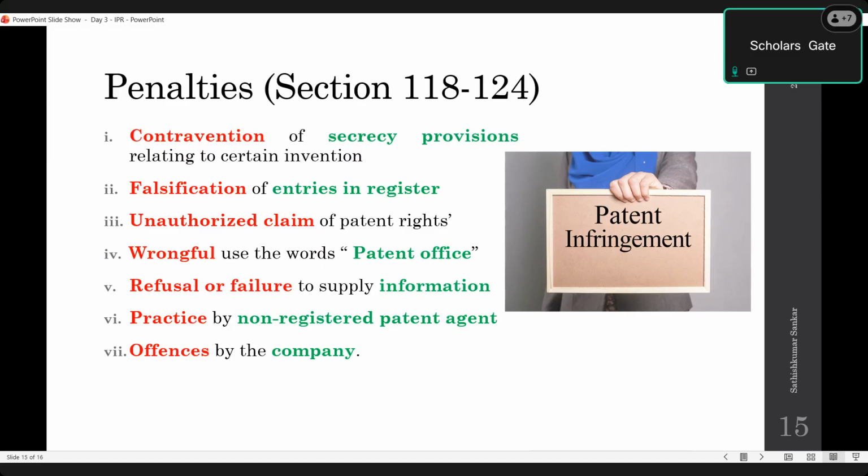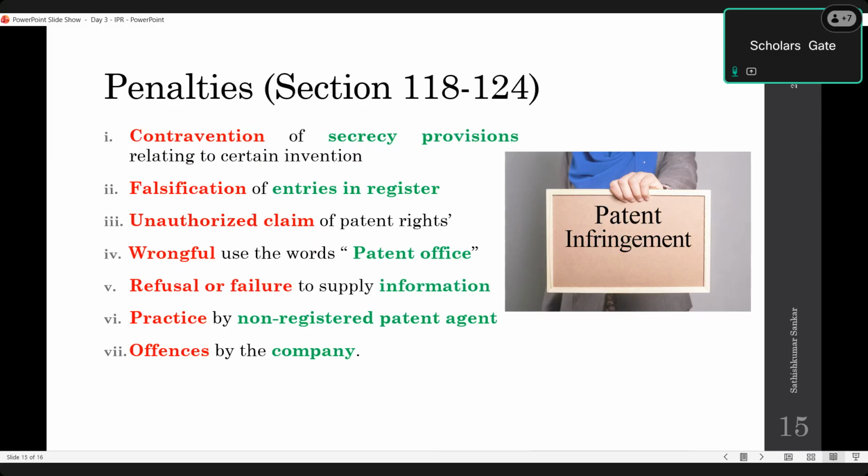Some persons are not registered, they have not written the exam, and they do not have the right to file patents and propagate inventions. If you act as a non-registered patent agent, a penalty will apply. The controller can take the necessary decision to impose a penalty on the person acting as a non-registered patent agent, and also on offenses by a company.